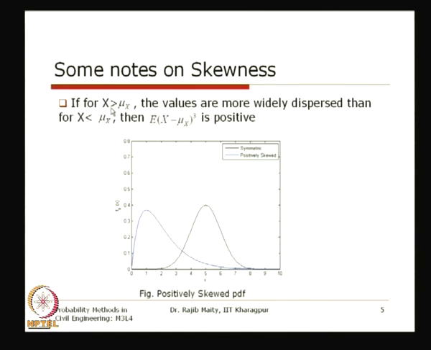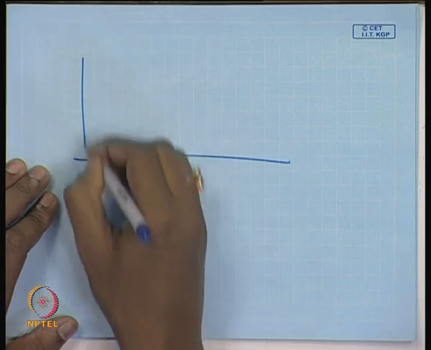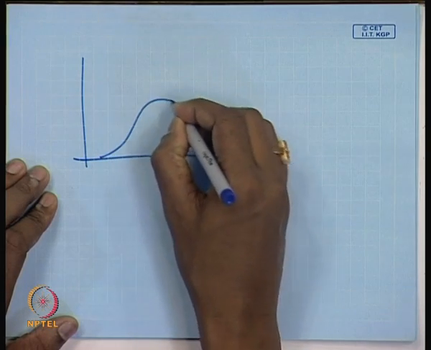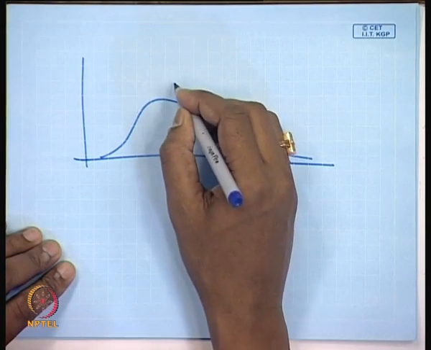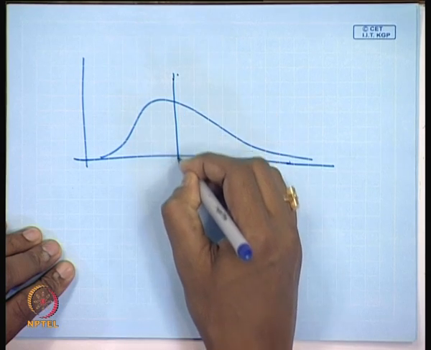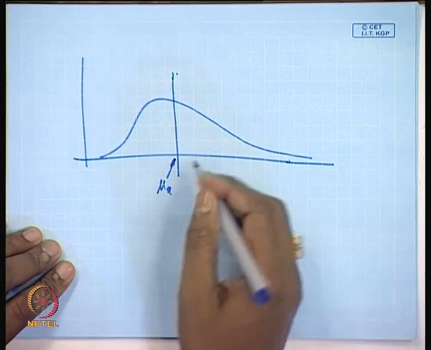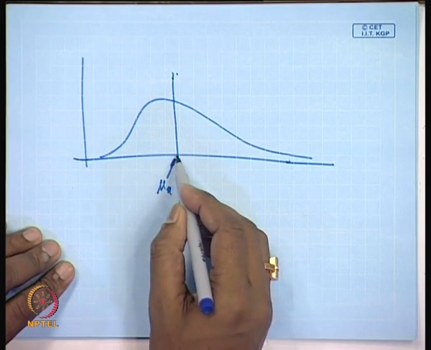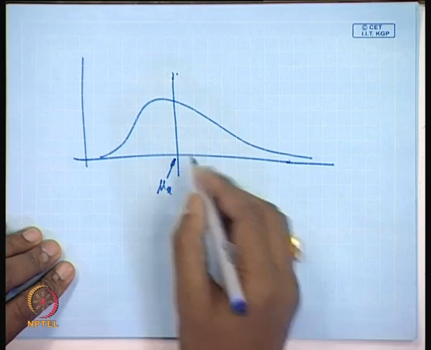Now if I just draw another one here, what is meant by this is, as this side is dispersed, if we take this mean, maybe the mean will come somewhere at this location. Now if we see the data range towards the negative side, the left side of this mean, and the right side of this mean, this is your mu x.